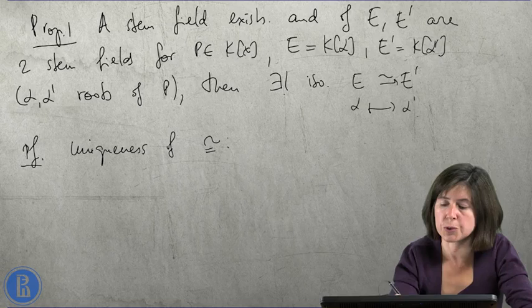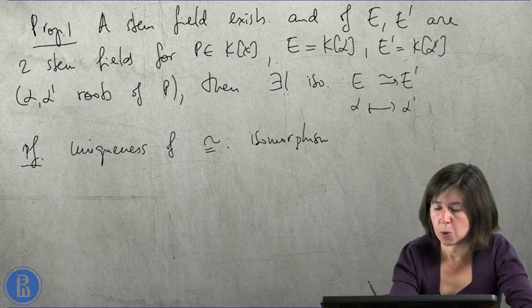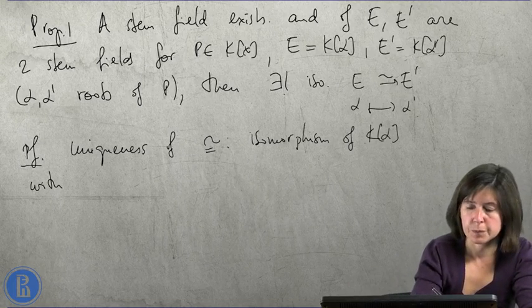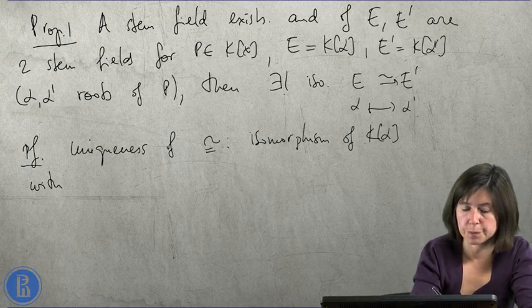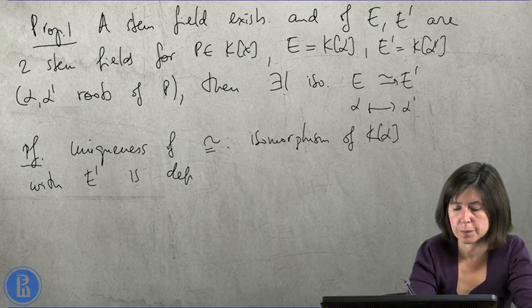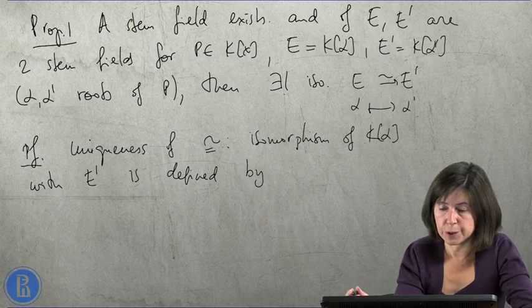It is easy since an isomorphism of k of alpha with something else, with any field, well, let's say with E prime, is defined by the value it takes on alpha.